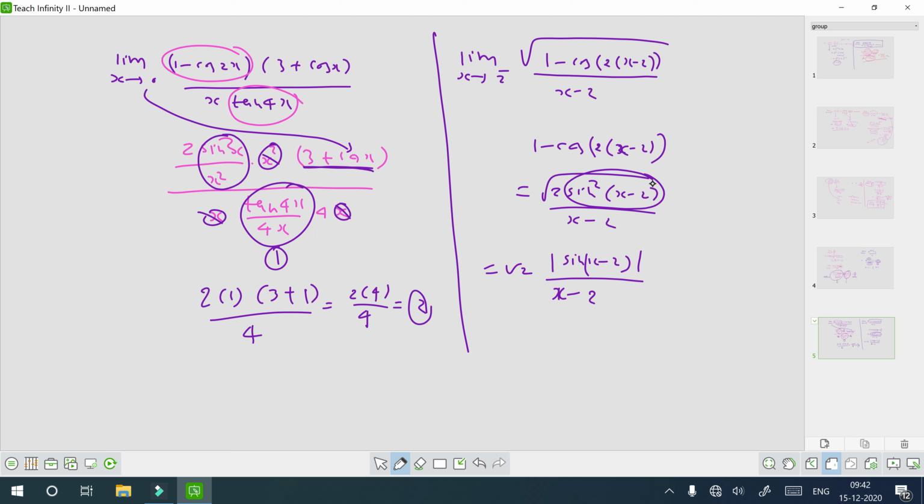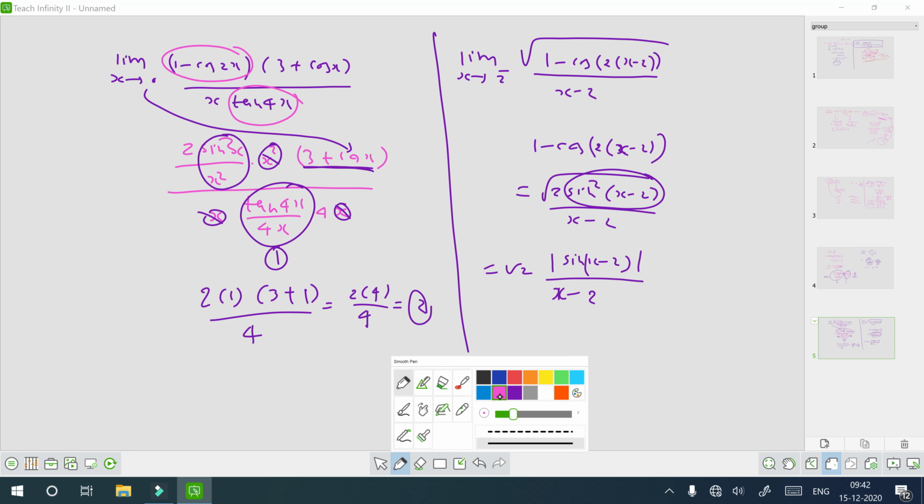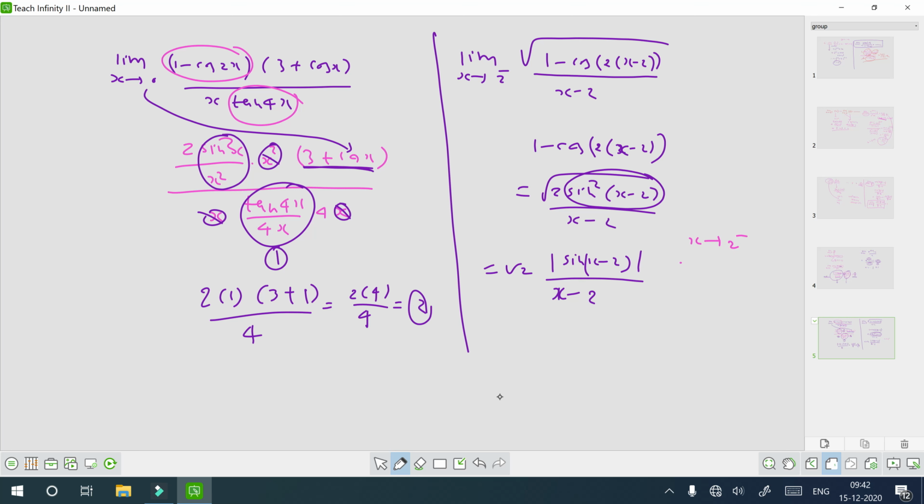Now x tends to 2 minus implies x minus 2 less than 0. So x minus 2 less than 0, and sine is an odd function. So sine of magnitude of x minus 2 is equal to minus of sine of x minus 2. Clear? Over x minus 2 is there, x tends to 2 minus is given to us.